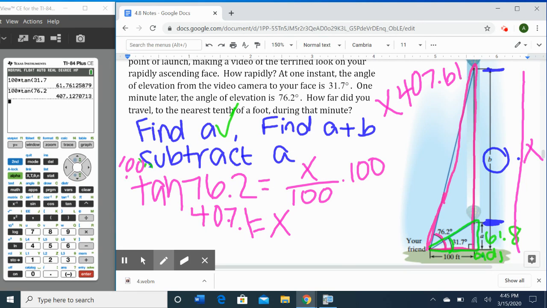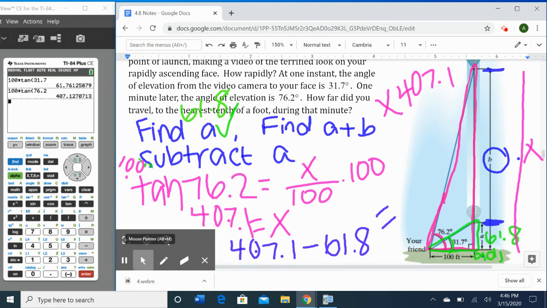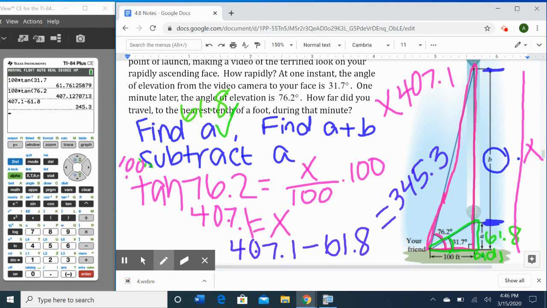And then if I know that A was equal to 61.8, then in order to find B, I'm going to take the total 407.1 minus the A, which is 61.8, and find that B is equal to 345.3 feet.